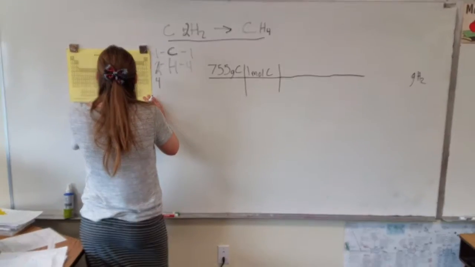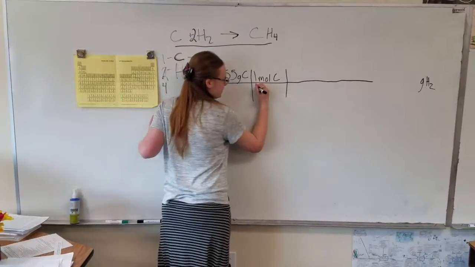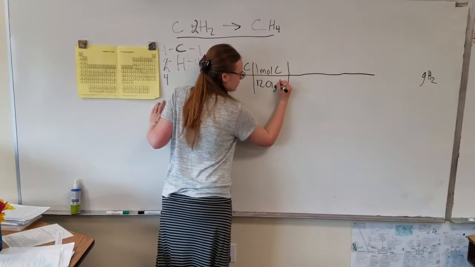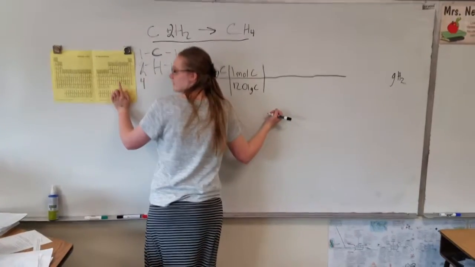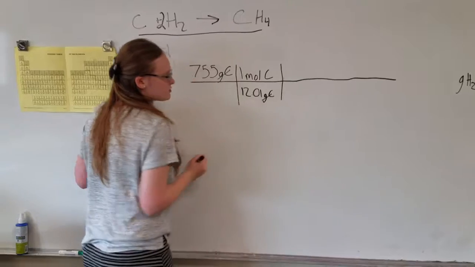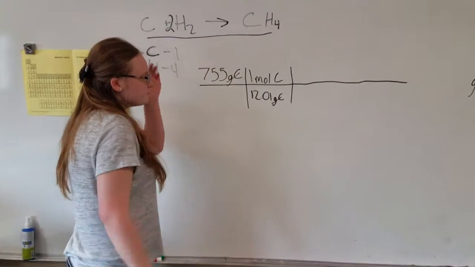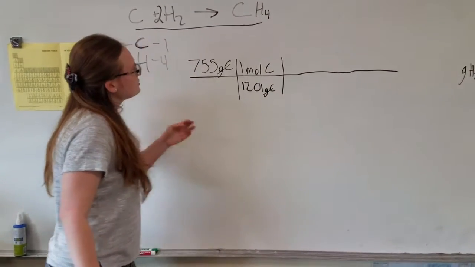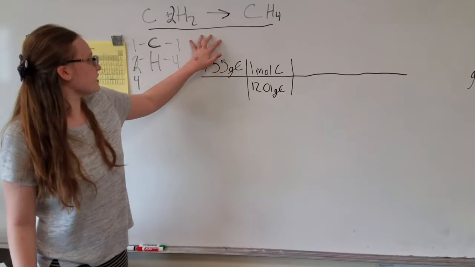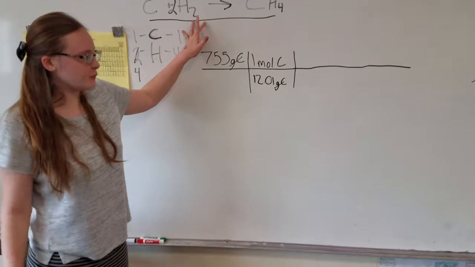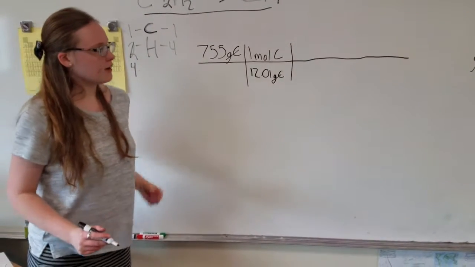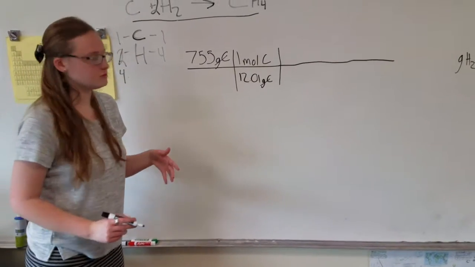So the molar mass of carbon is 12.01 grams according to the periodic table. So these two will cancel out. Next, we will use the ratio that we've gotten from the balanced equation in order to shift into hydrogen.